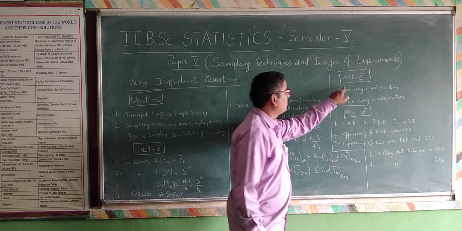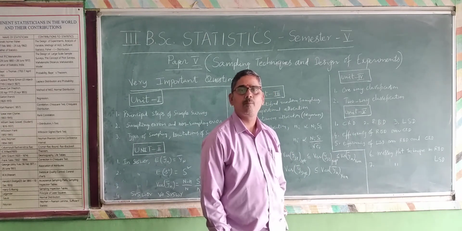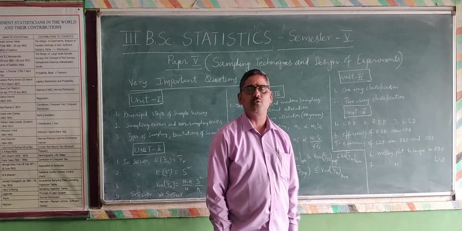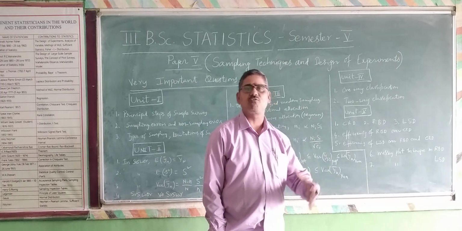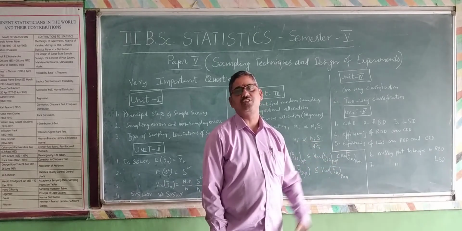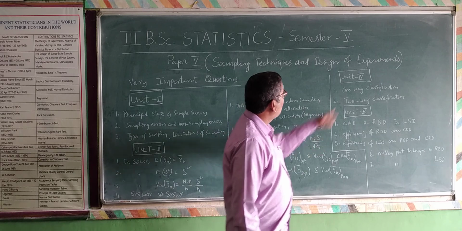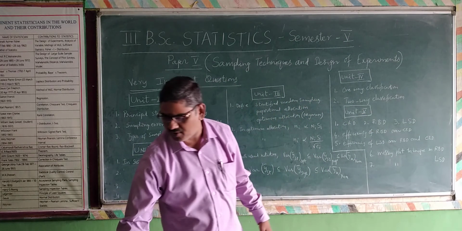Come to Unit 4. One-way classification and two-way classification. There are certain definitions you have. You read the definition of ANOVA, Cochran's theorem, and source of variation. Some simple definitions, and then one-way classification and two-way classification.